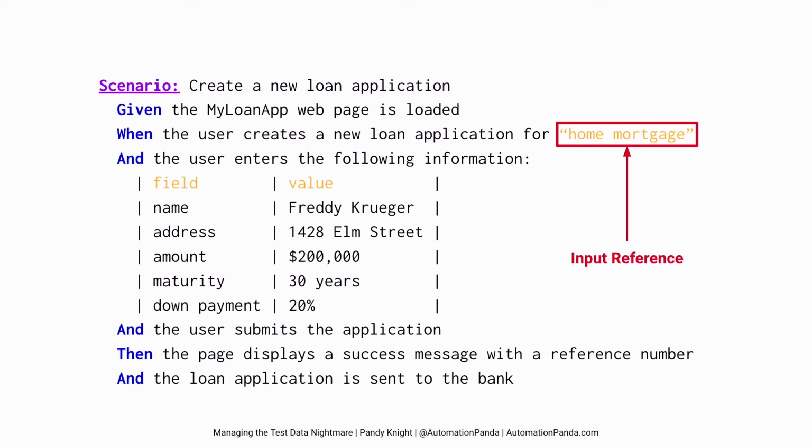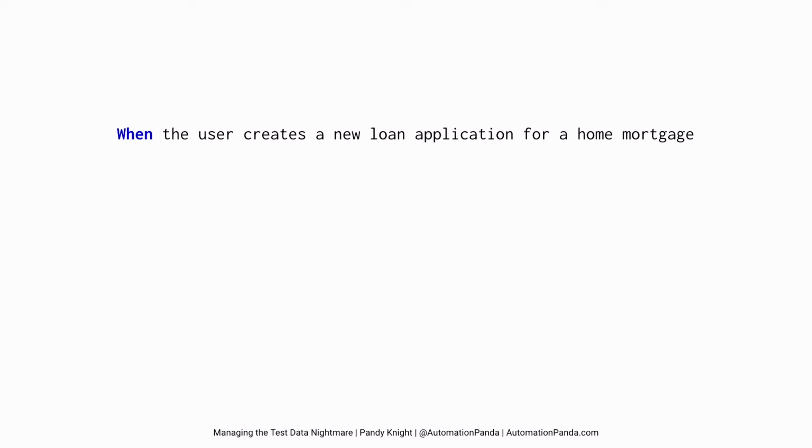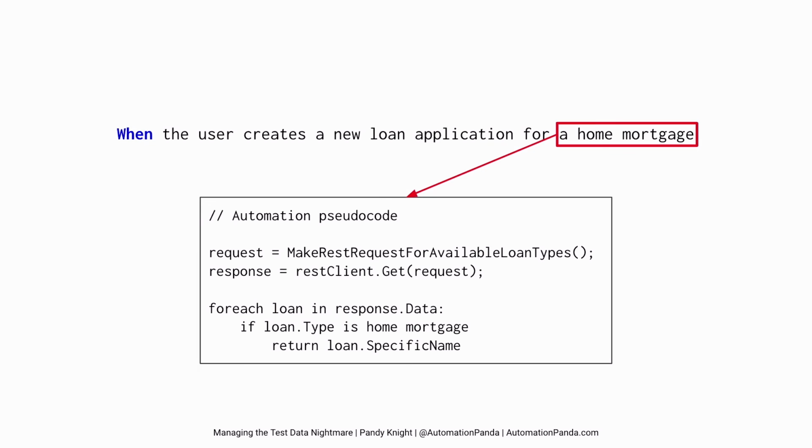Another strategy you could use here is called data discovery. Let's say that the target web app already has multiple acceptable loan types. So instead of hard coding the name of the loan type, the test could describe the type of loan and then use automation to search the web app's config to find a loan type matching the desired criteria via an API call or something.